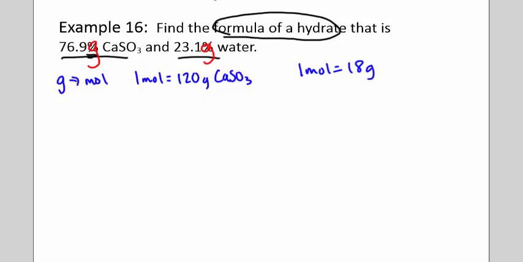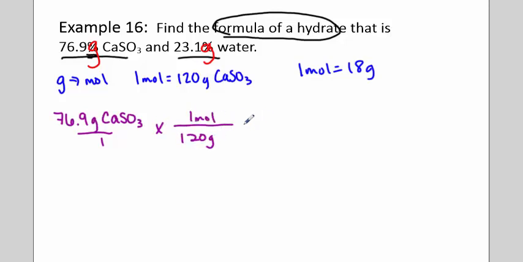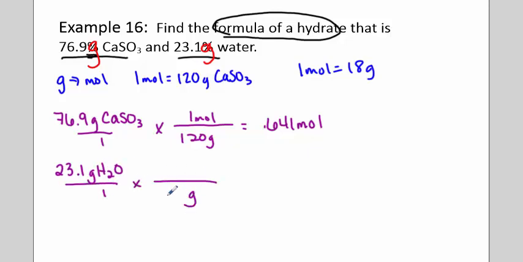Now I'm going to do my 2 mole conversions. 76.9 grams of calcium sulfite. We want grams on the bottom, so 120 grams to 1 mole. My answer here is 0.641 moles. I'm going to do the same thing for my water. 23.1 grams of water, 18 grams to 1 mole.